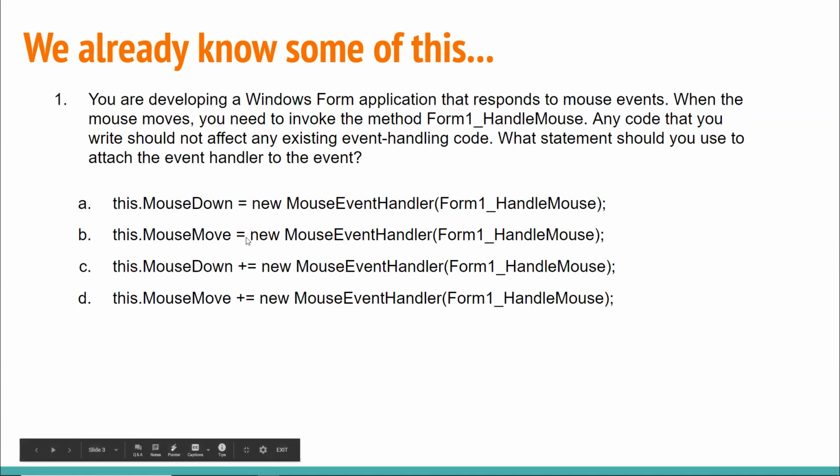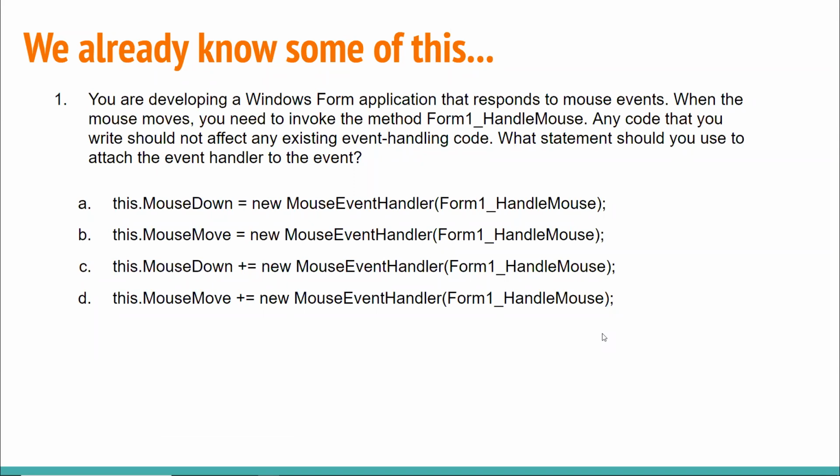Now what else is different here for B and D? The only difference is that D has plus equals and B has just equals. So if we think back to chapter 2, how did we add things to events, guys?